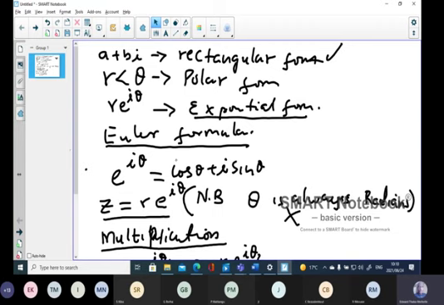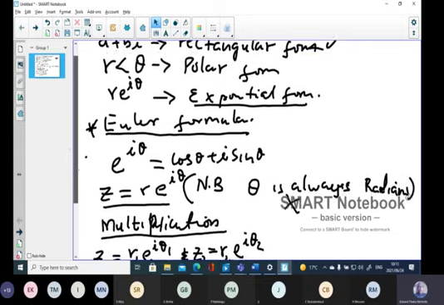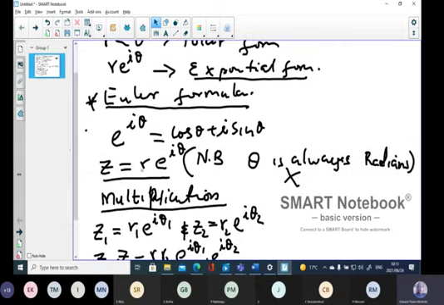First we have to discuss Euler's formula, which is e to the power i theta equals cos theta plus i sin theta. Now I said the complex number in exponential form is z equals r e to the power i theta.